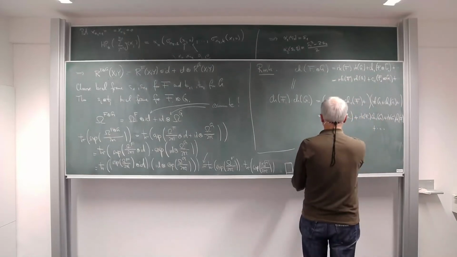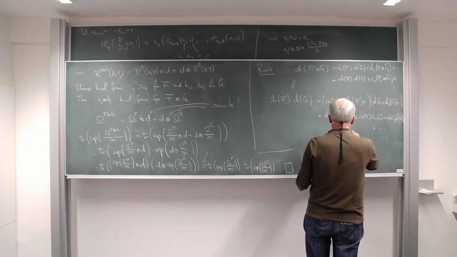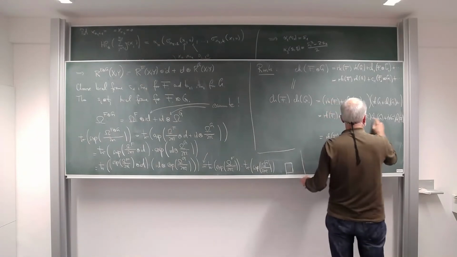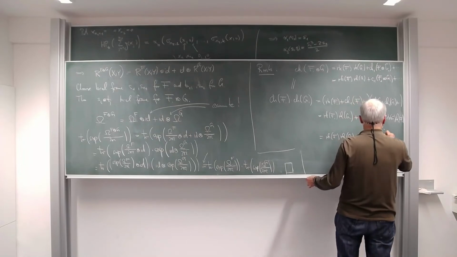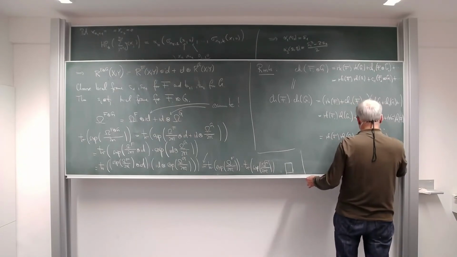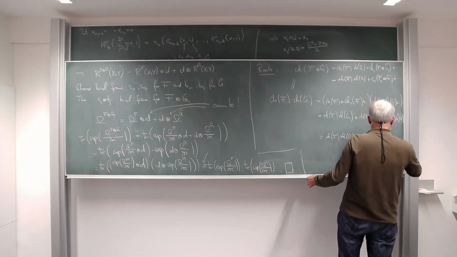And similarly down here, we have the product of ranks plus the rank of F times the first Chern class of G plus the rank of G times the first Chern class of F, plus higher order terms.